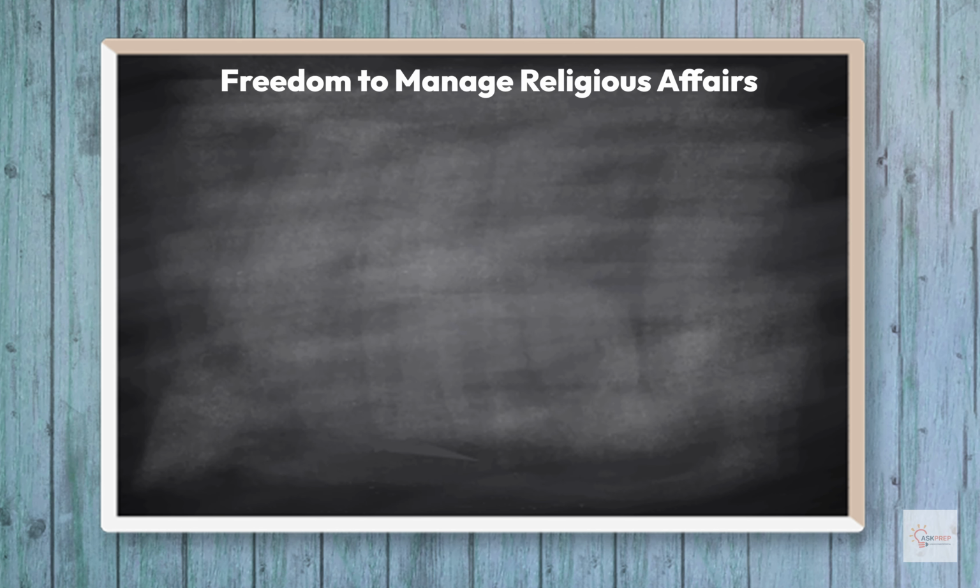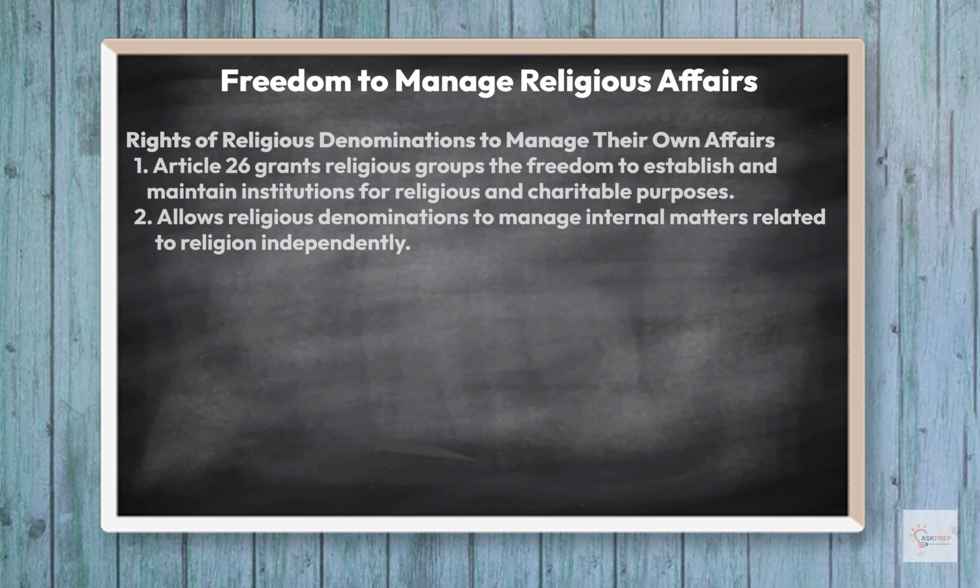Now let's talk about the third point: Article 26, Freedom to manage religious affairs. Rights of religious denominations to manage their own affairs. Article 26 grants religious groups the freedom to establish and maintain institutions for religious and charitable purposes.